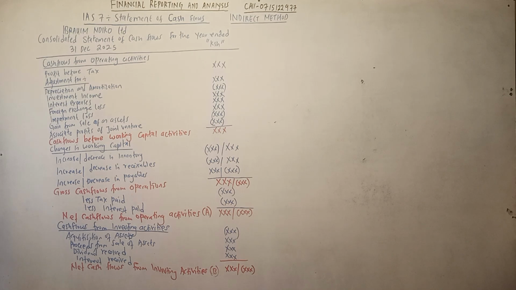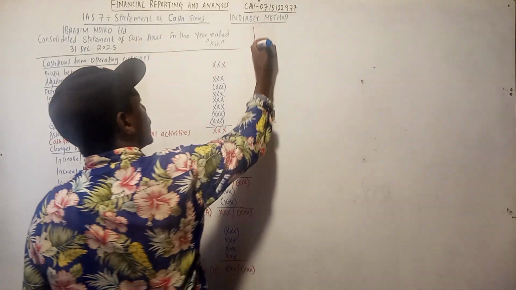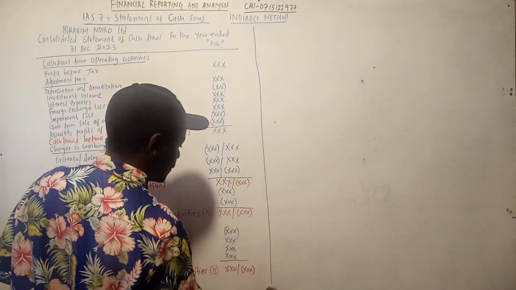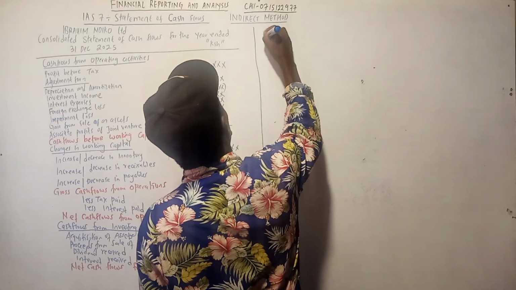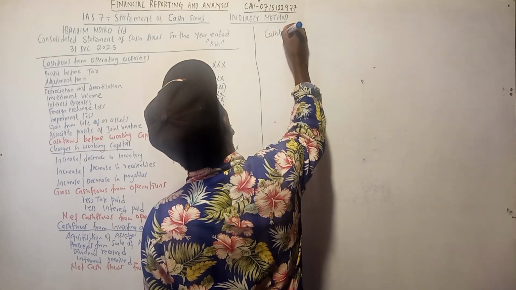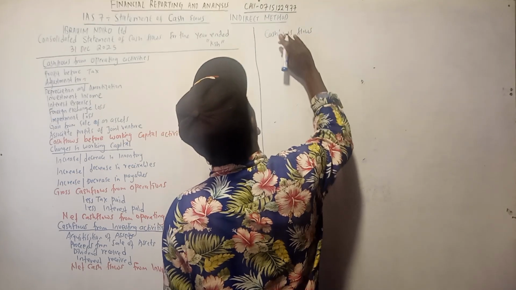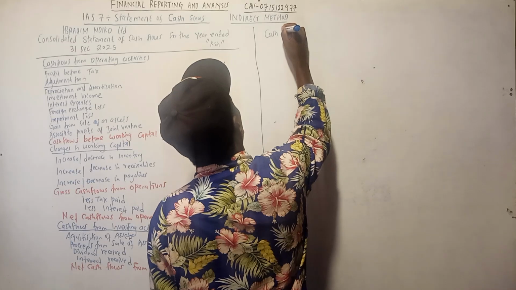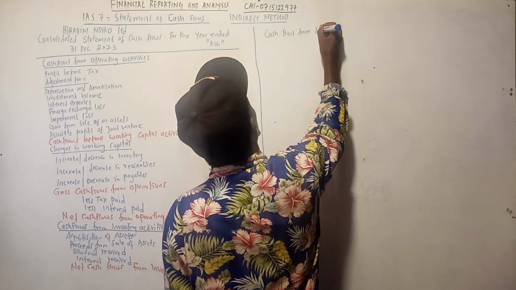Cash flow from financing activities. That's the third one. Cash flows from financing activities.